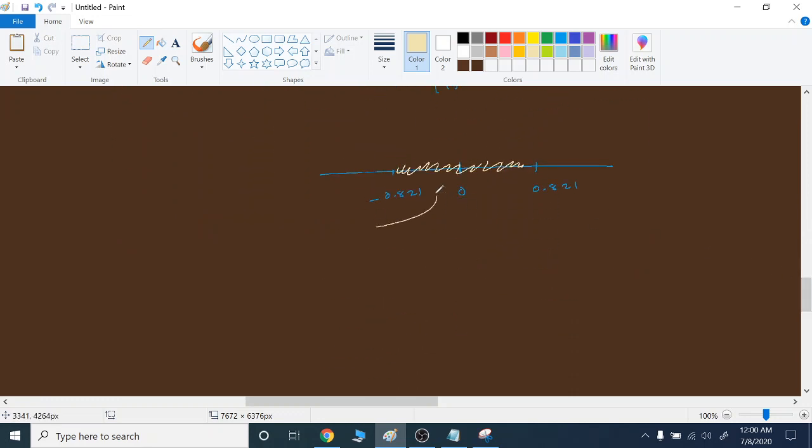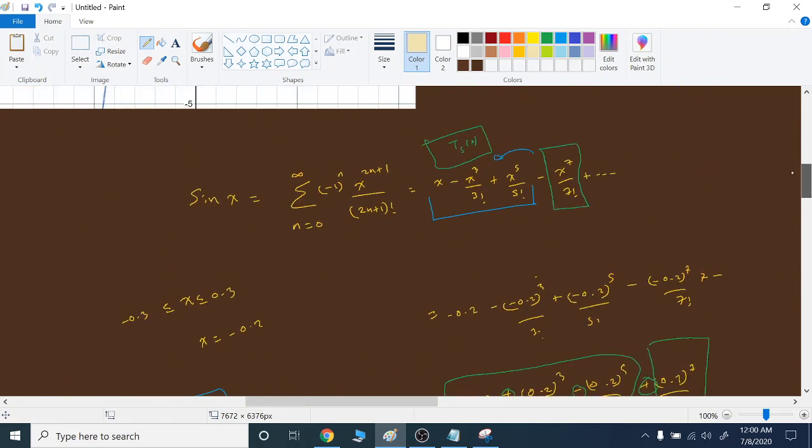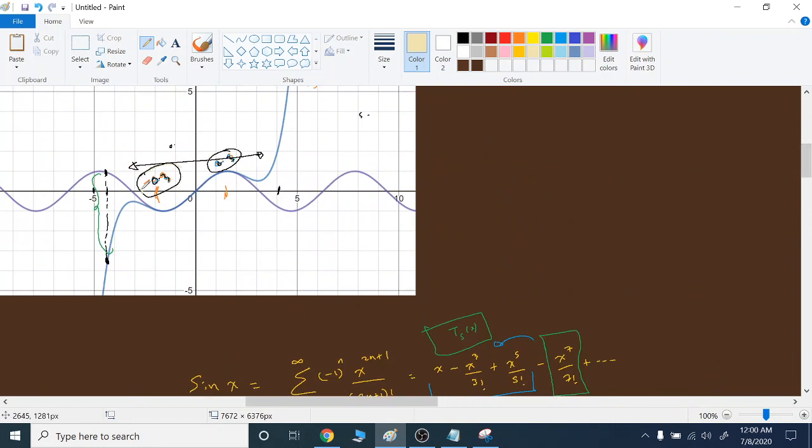Initially we had negative 0.3, but now we have expanded our interval of concern. Actually the places that I have marked are not that correct. If we draw this more accurately, 0.3 will be somewhere here and 0.8 will be somewhere here, right? So it will not go beyond these largely deviated regions.